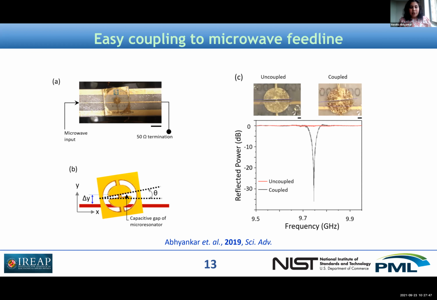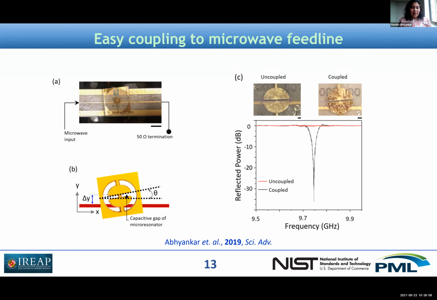And then we realized that you can use this turning and the X and Y coordinates to essentially control the coupling between the microresonator and the microstrip. And this is extremely easy to do. So now you have a microresonator that can couple to the microstrip, and it's really fantastic. It's very easy once you learn how to do it.